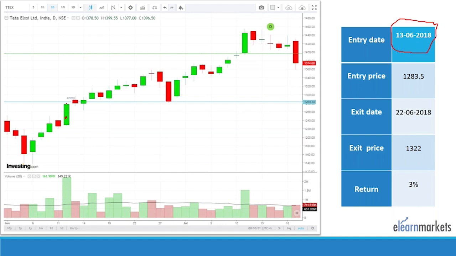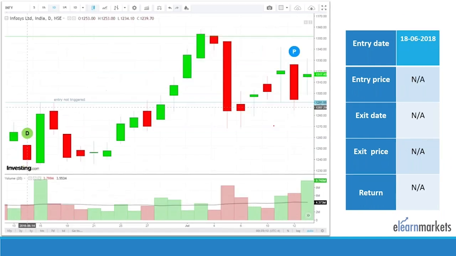So we entered when the high of 12th of June was crossed, with an entry price of 1283.50. Our target was 5%, right? But our trail was 3% of this, which was 1322. Although this stock made a high of 5%, which was our target, still, because our trail was at 3%, we were able to square up our position.